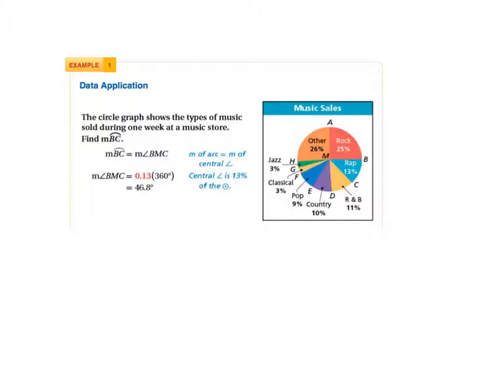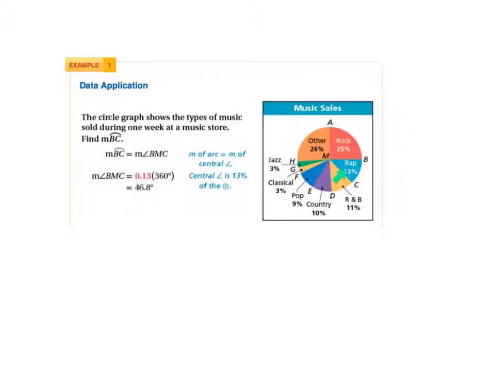This is example 1 in 12-2. We have all of our percents of a circle, which should add to 100% if this was made correctly, and a circle has 360 degrees. So when we look at, for instance, it says find the measure of arc BC. Well, the measure of arc BC is equivalent to the central angle of 13%, but we need degrees for our angles and our arcs.